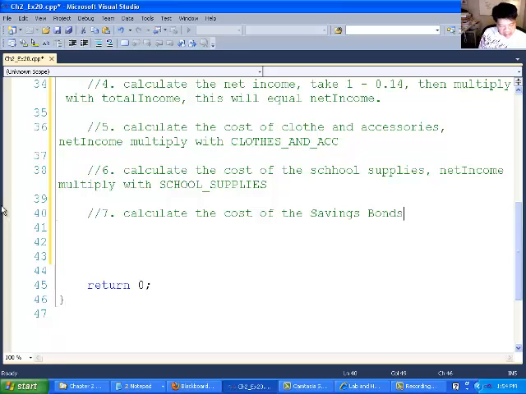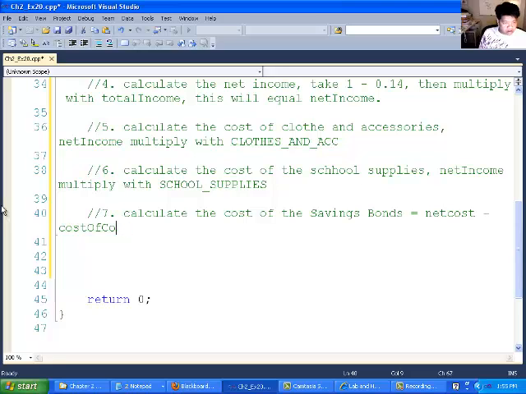So the cost of your savings bond requires you to do what? You need to take the net cost, and you're going to subtract from it the cost of your clothes and accessory, and the cost of the school supply. You have to separate all the costs that you just did above, whatever's left.